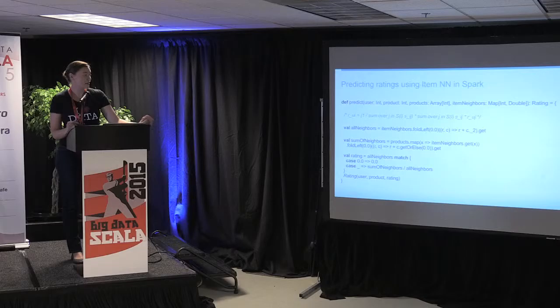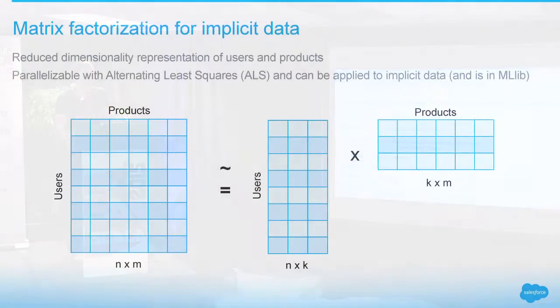For the numerator, you look at the products that the user purchased and get the similarities for those products from the map. Then you divide the sum of the neighbors for the purchased products by the total sum of the neighbors, and that gives you your rating. That's pretty much it. That's all you need to do to implement nearest neighbors in Spark.